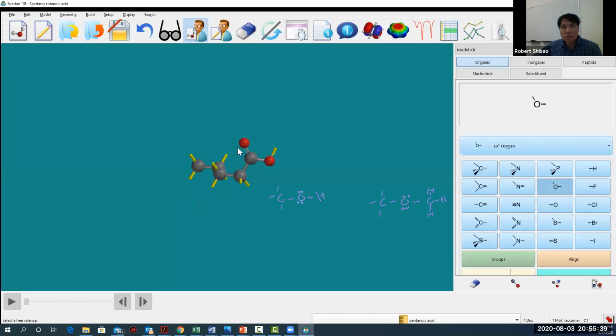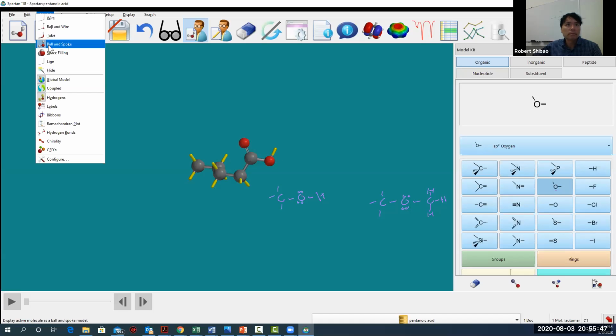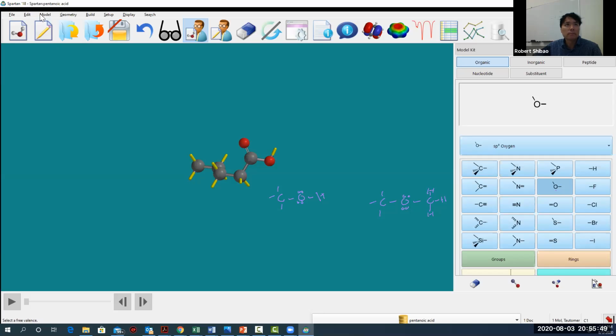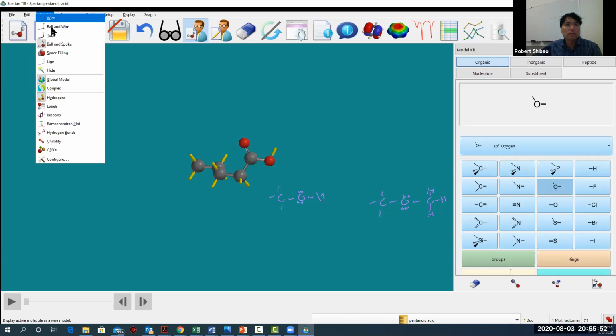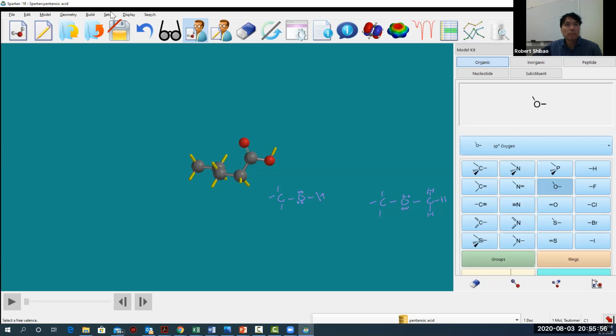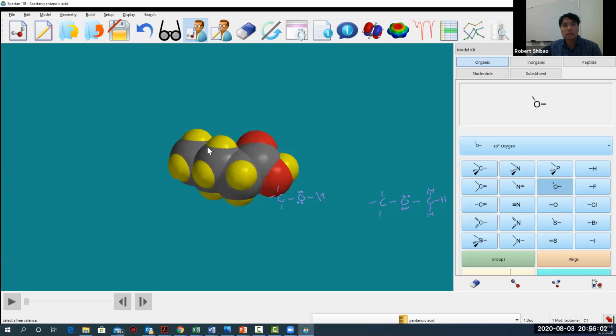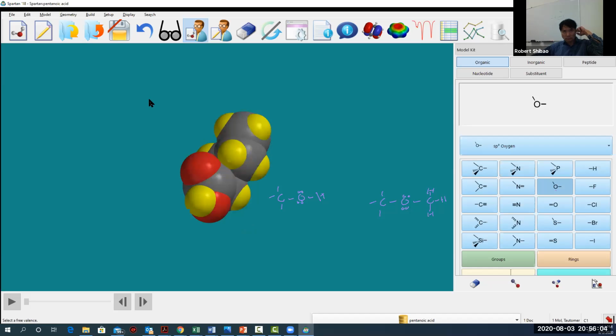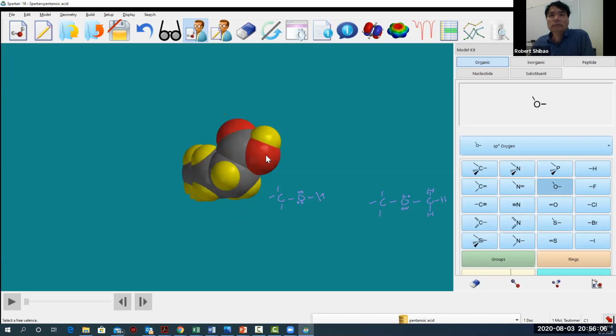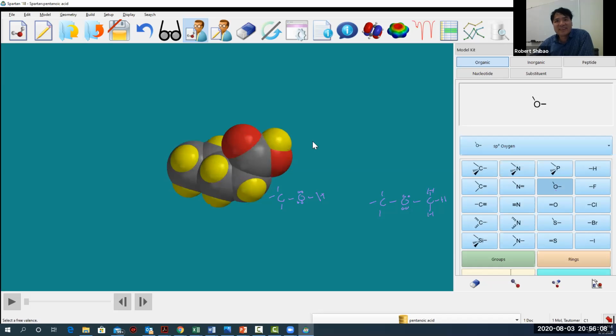So you can see this is trigonal planar. This is the COOH group here. Like that. That would be it.